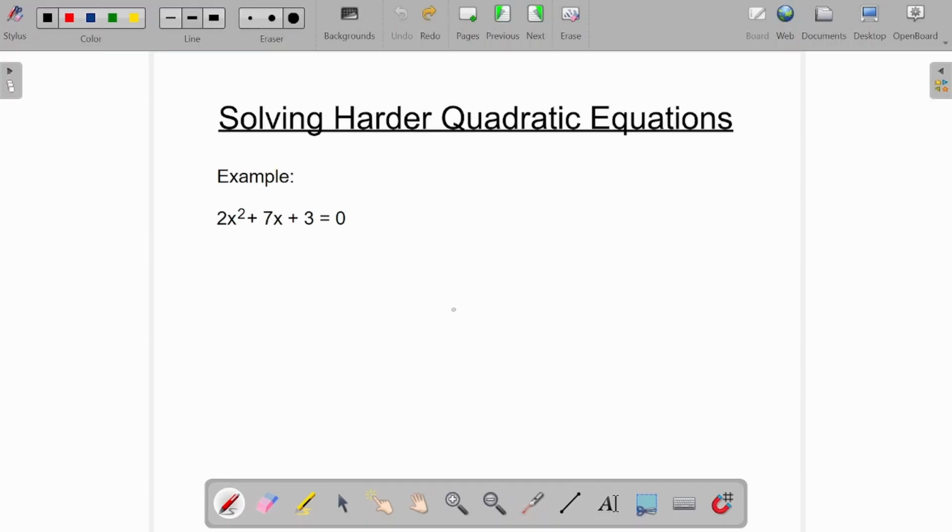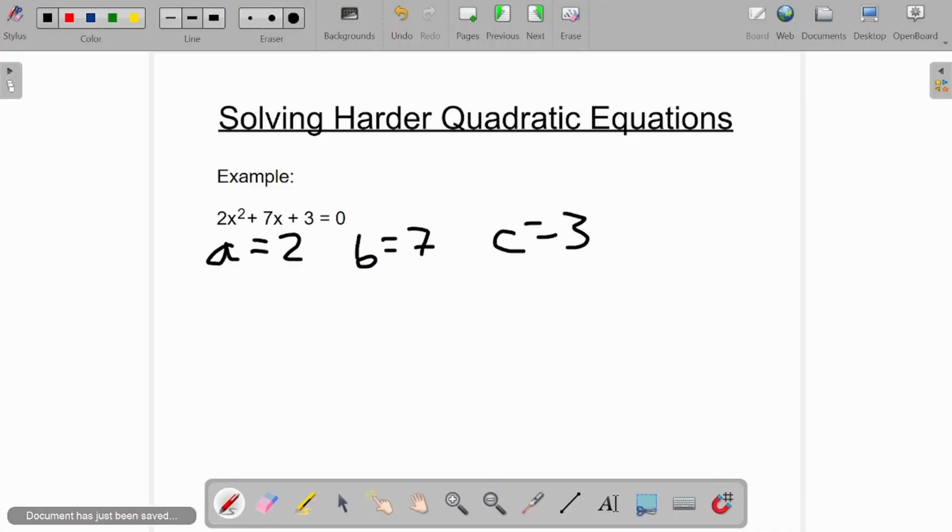So this question is a little more tricky because we have a coefficient in front of x squared here. Now, as we know, this equation is written in the form ax squared plus bx plus c, where a is equal to 2, b is equal to 7, and c is equal to 3.